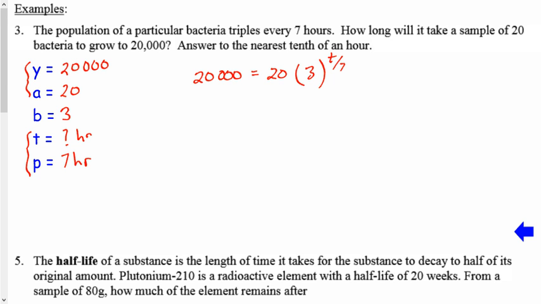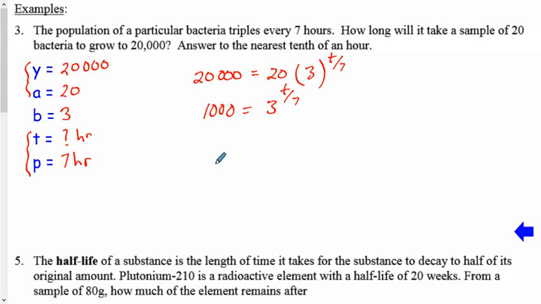And as you look at this equation, you'll see that the equations that we get for these application questions are often simpler than the equations that we solved in our previous lesson, which is kind of nice. We'll start by dividing that 20 out to get 1,000 equal to 3 to the exponent t over 7.